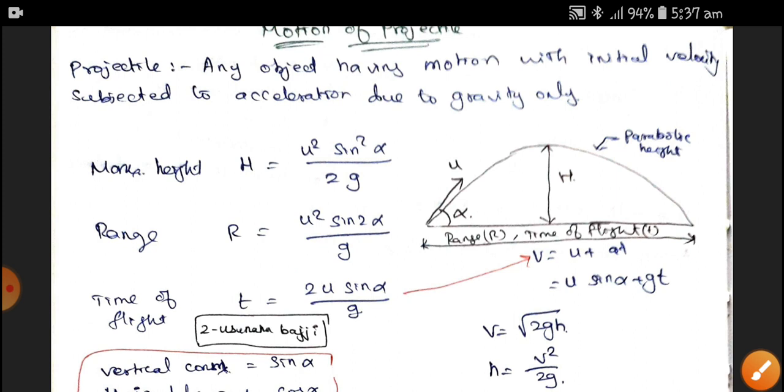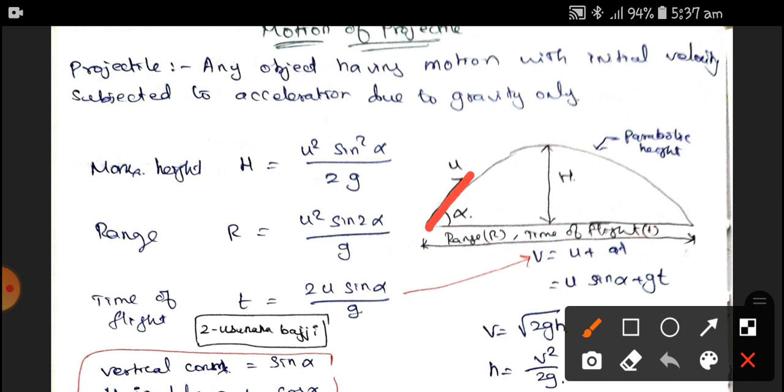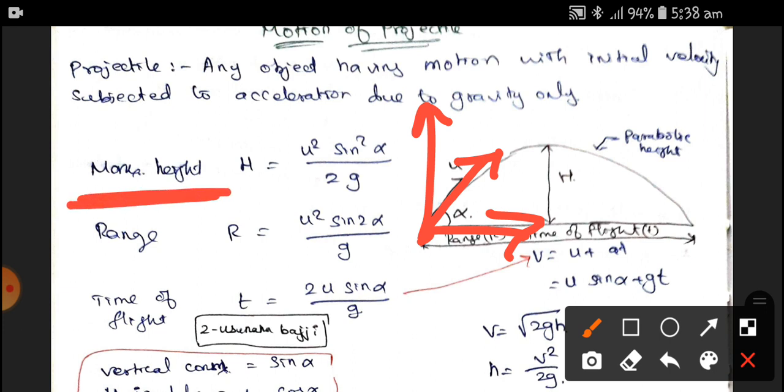If we substitute this in the formula, the u component has both horizontal as well as vertical components. This is u, the tangent of the projectile. We want to measure the height, therefore the vertical component is taken, that is u sine theta, or u sine alpha, whatever the angle.